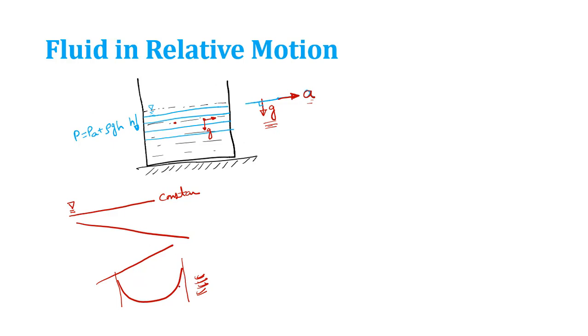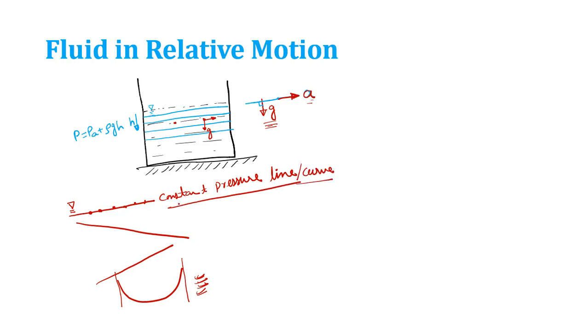But first let us try to understand this thing. The concept is that on the free surface, on each and every point of the free surface, there will be constant pressure. So the free surface will be nothing but a constant pressure line or curve.